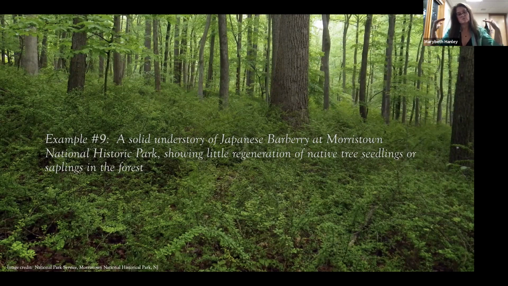I just remember driving through this park and seeing what seemed like acres and acres of forest with just this solid understory of Japanese barberry. It was really dramatic. They've been doing some work here looking at native tree regeneration rates and how they're affected by this invasive plant, the Japanese barberry.